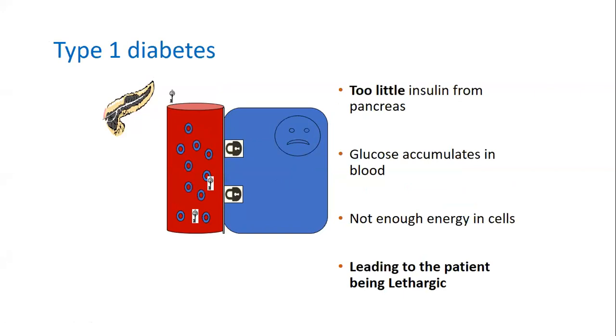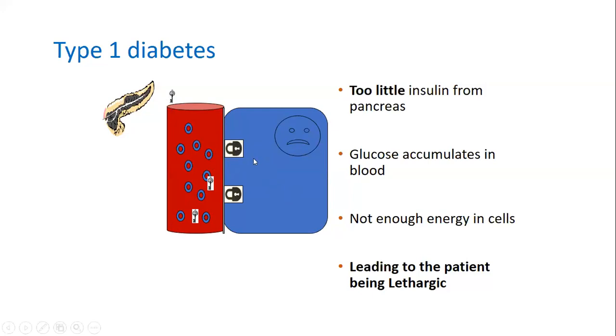Now in patients who have type 1 diabetes, there's usually too little insulin or no insulin at all coming from the pancreas. So meaning the keys are very few or there are no keys at all. And the door that opens into the cell remains closed because the key, the insulin, is not there.